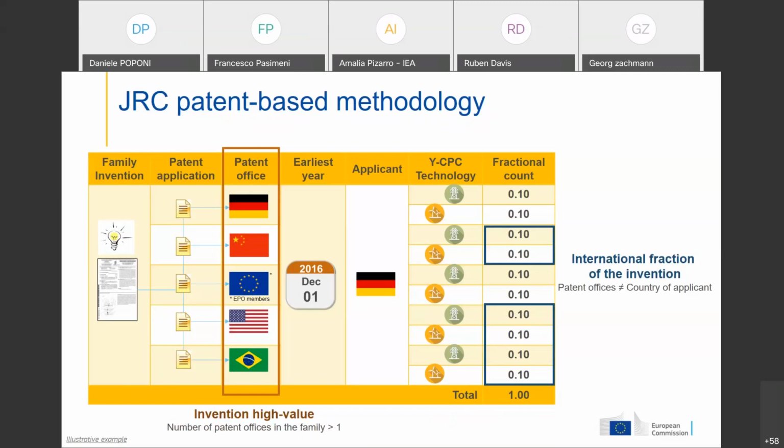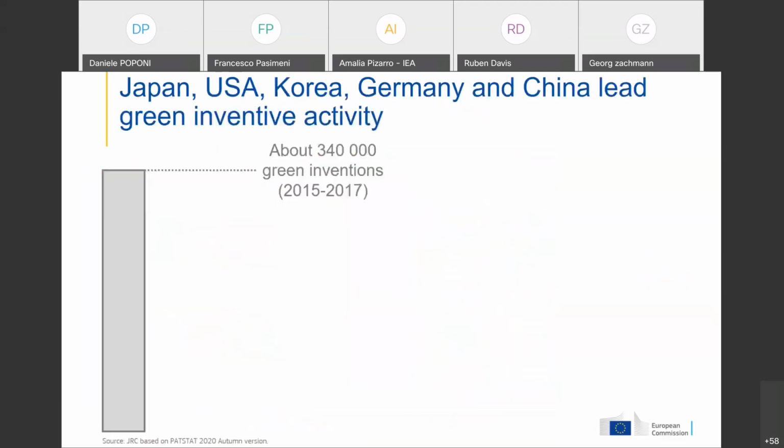This increases the validity of this methodology in the community, and it's important to keep consistency in the message that we deliver to policymakers. So what can we do with these methodologies to analyze the green inventive activity, and by this I mean all the climate change mitigation technologies.